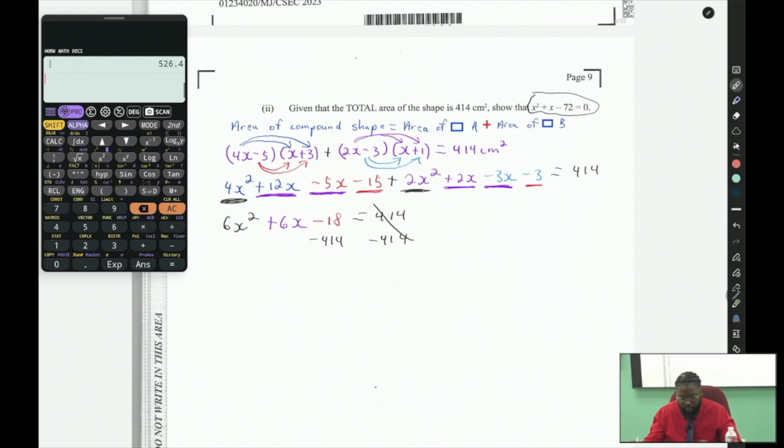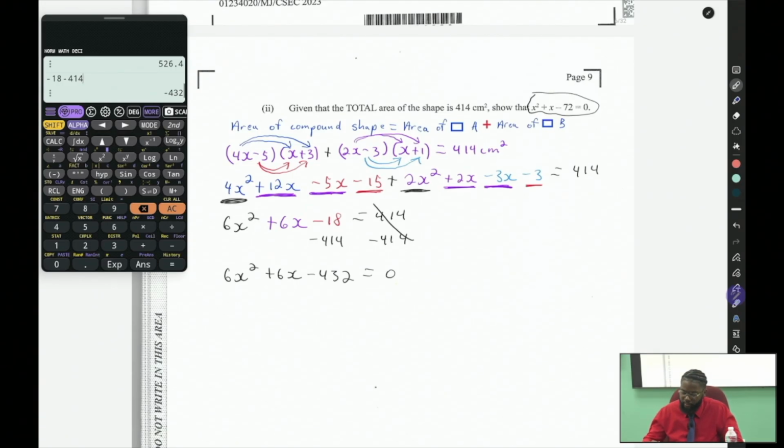So negative 18 and then the minus 414 is going to give us negative 432. So then we're going to have 6x squared plus 6x minus 432 equal to 0.